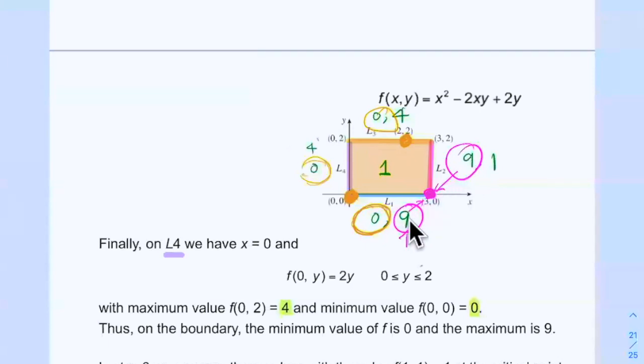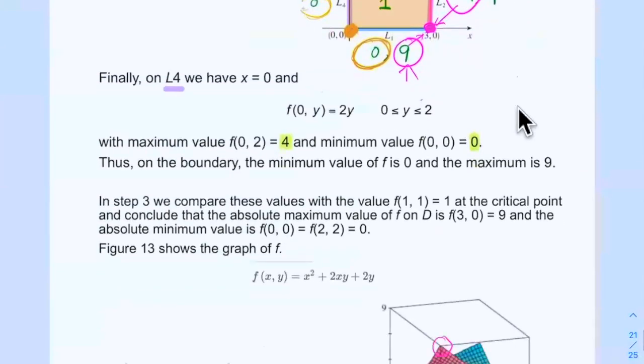What is the absolute min? It's going to be 0, right here and here. So we have the absolute max to be 9, which occurs over here, and we have 0 as the absolute min, occurring at these 2 places.